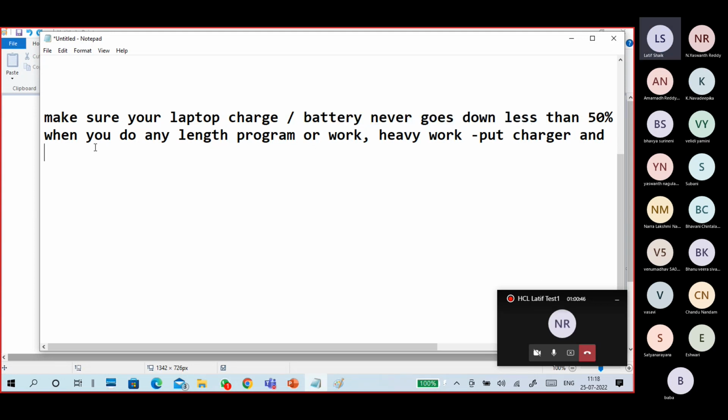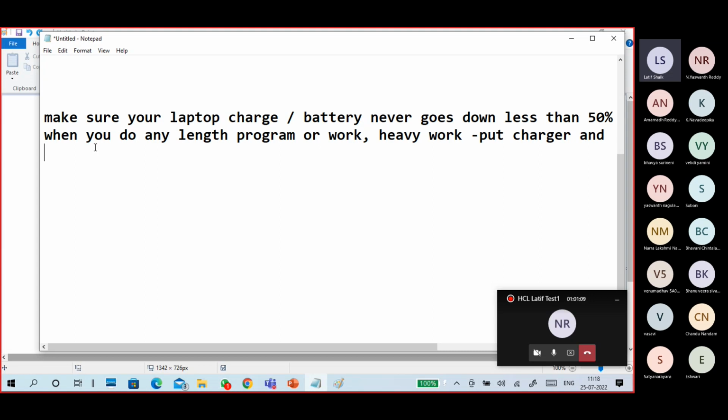Don't wait for 20%, 10%, guys. As I already told you, when the battery charge goes lower, it produces more heat. That is the problem. It also damages the charger, the battery, and your circuit boards.